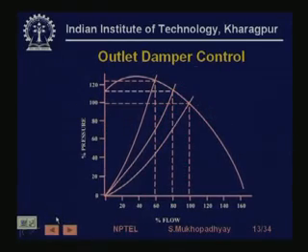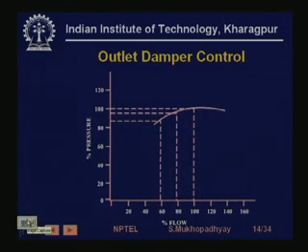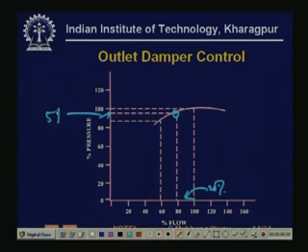In fact, if you look at the energy curve, you see that in damper control, as you go from 100 to 80, the energy fall is only this much, very low. So there is a 20% flow reduction, but probably only a 5% power reduction.